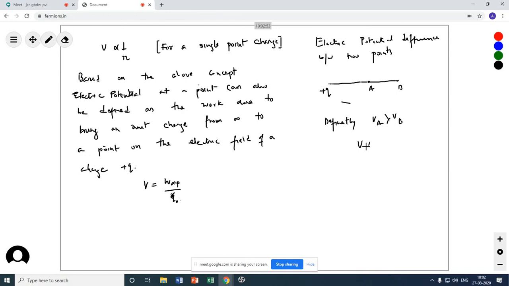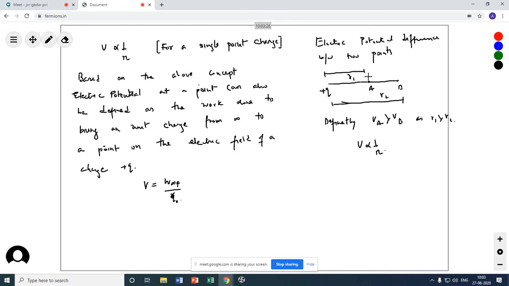How am I saying this? I am using the relation that V is inversely proportional to R. Here this is R1 and this is R2, and as R1 is less than R2, the potential at A is higher.